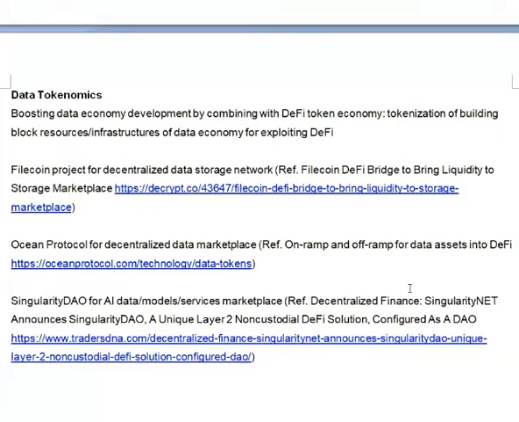The token economy is well known to the whole blockchain community, and the data economy is well known to people on the data side, like data scientists, AI, and others in digital technology.